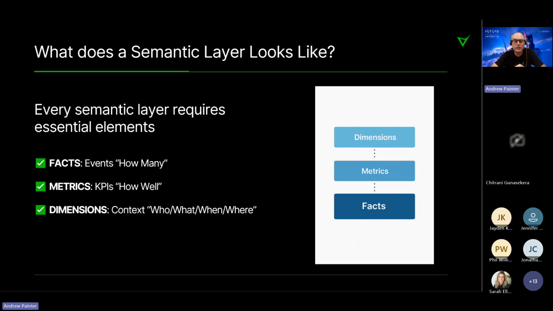These are more the things that the business is looking for, so KPIs, things like margin, for instance, that might be built from a series of facts. And then finally, we bring in dimensions as well.